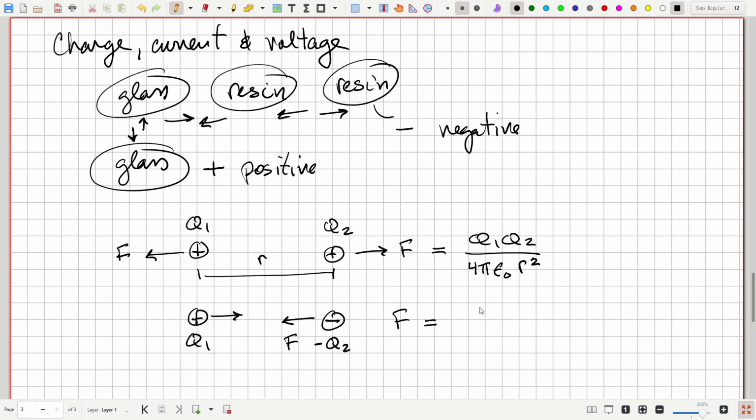Q1 times Q2 would have a minus sign, minus Q1 Q2 over this same factor. Okay, so this would be an attractive force. A negative repulsive force would be an attractive force.